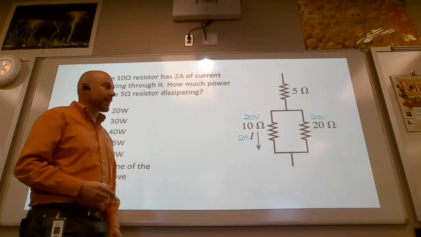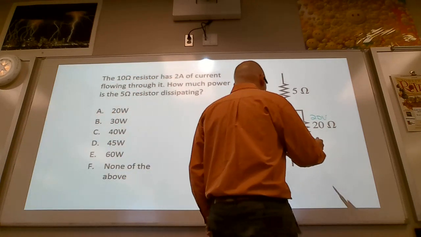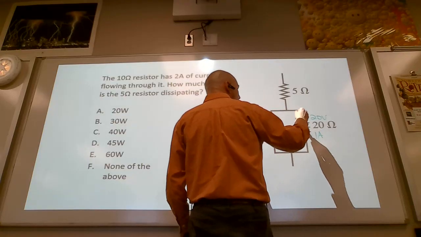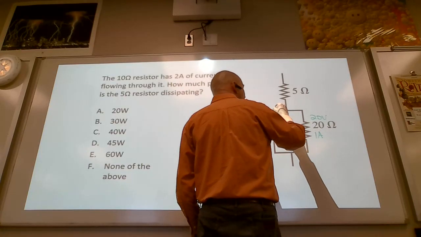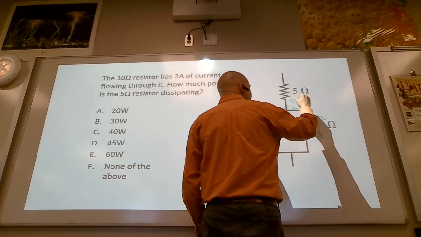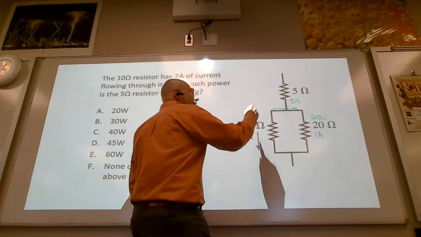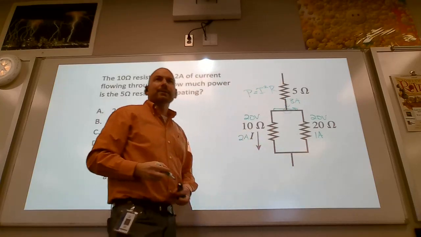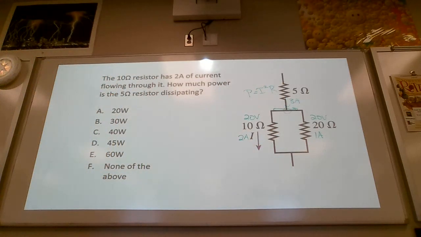So we know that this has 1 amp going through it. So we got 1 amp going here, 1 amp going here. That means there is 3 amps in here. Power shortcut, I squared R, 9 times 5. Good.